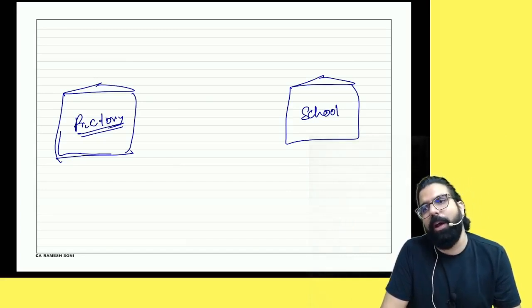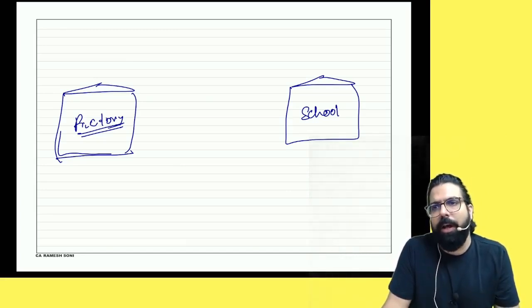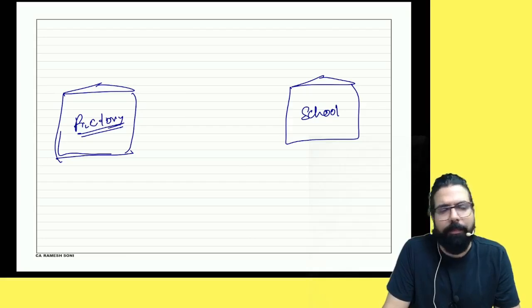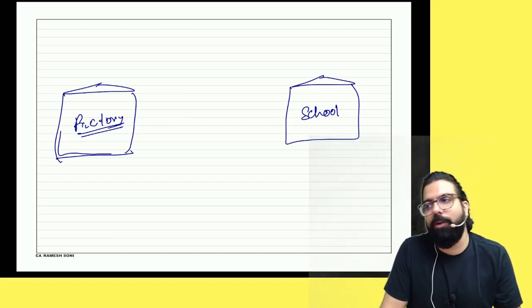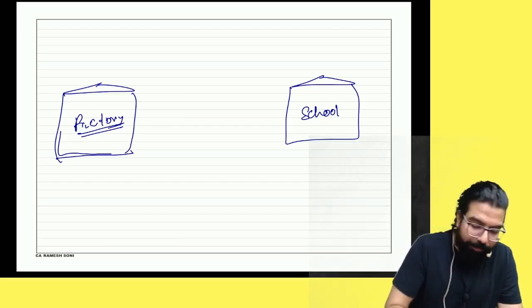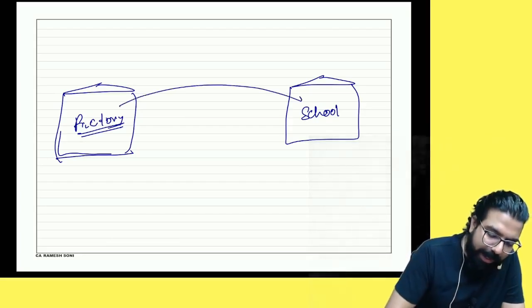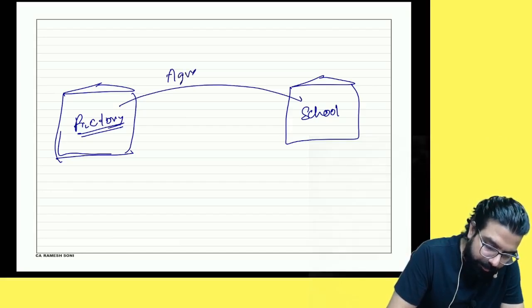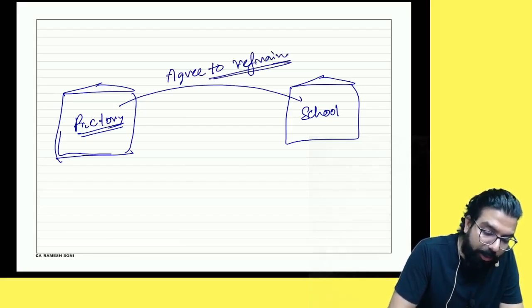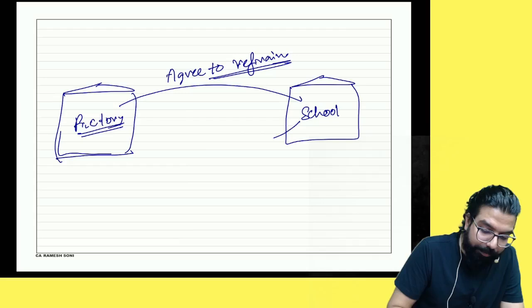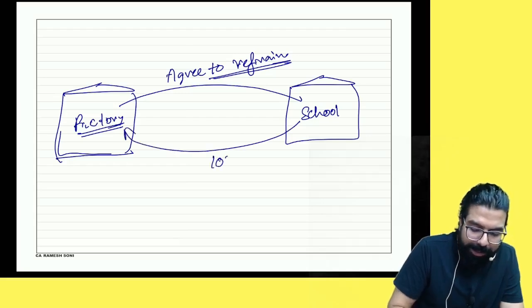The factory told, okay, I already have a permission to run the factory at that time. So school told, sir, please don't run the factory during 9 to 12 o'clock. We'll pay you 10 lakh rupees. Factory told, okay, I agree to refrain from running the factory during 9 to 12 o'clock. But you have to pay me per month 10 lakh rupees.